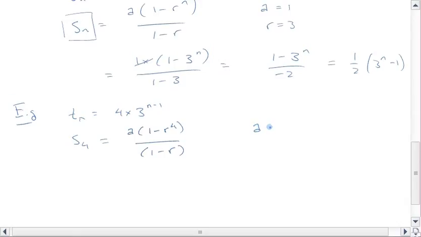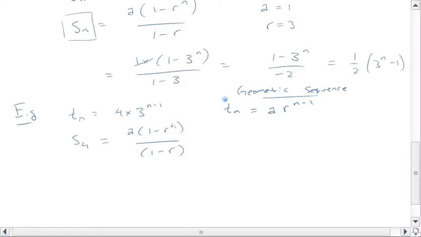First of all, let's compare this with our general equation for a geometric sequence. Remember, for a geometric sequence, we had this equation that looked like this: Tn was equal to A times r to the power of n minus 1.